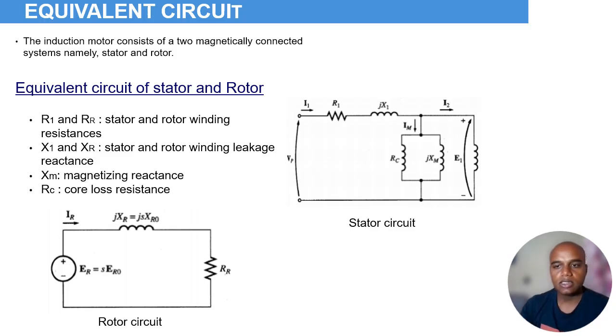So we know that the induction motor has two circuits in the physical model, which are the stator and the rotor. The stator has the three-phase winding, which is used to create the rotating magnetic field in the air gap, or the electromagnetic flux, which we have seen in the earlier videos, how the RMF is created by the three-phase stator winding.